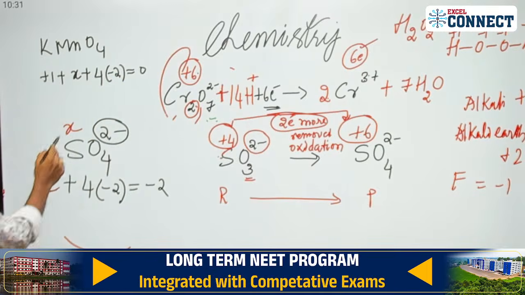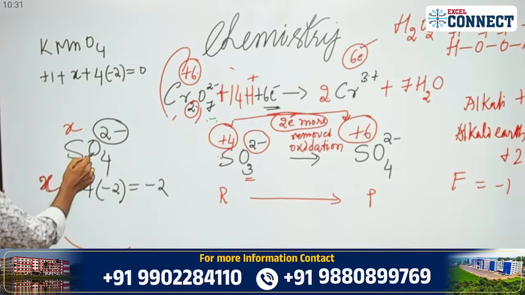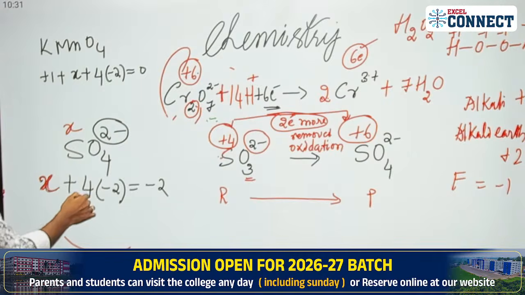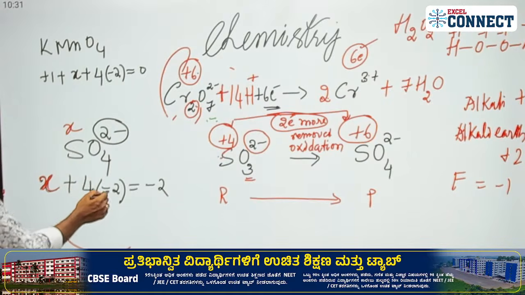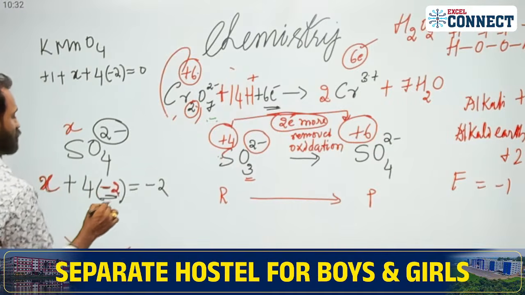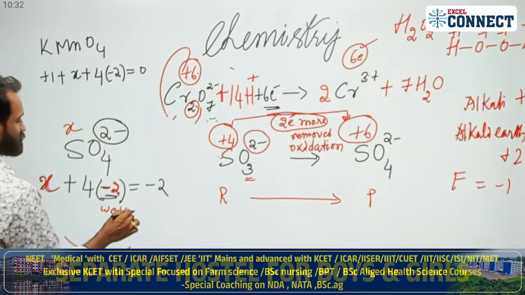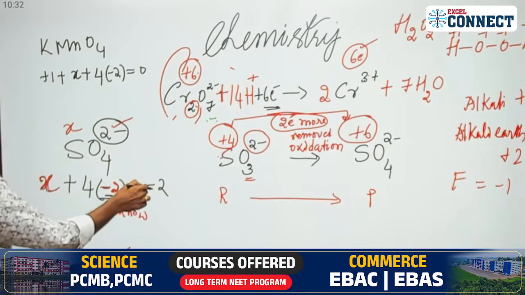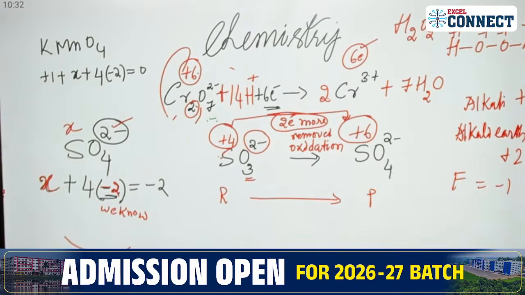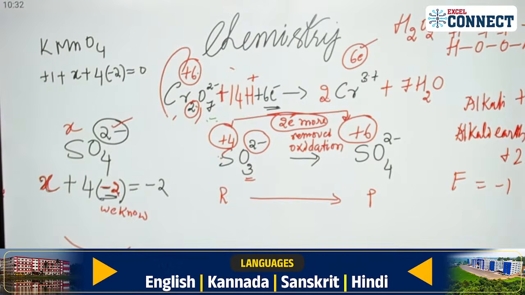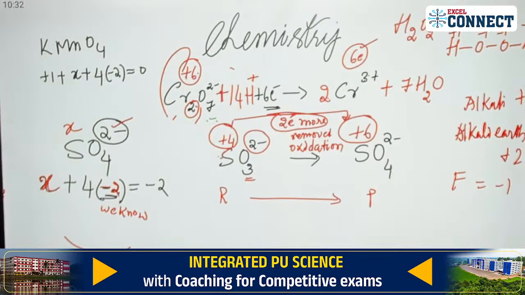In the case of sulfate, X is not given, 4 twos are there, we know oxygen is -2, and the last one is the charge given in this equation, equal to -2. If the charge is not given like this, you have to write 0 here. Understood?